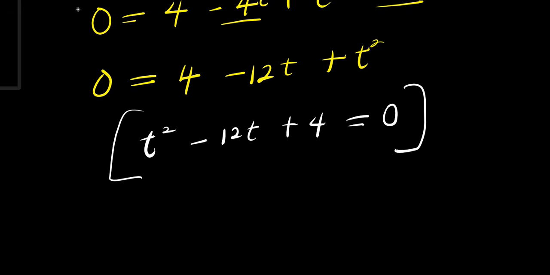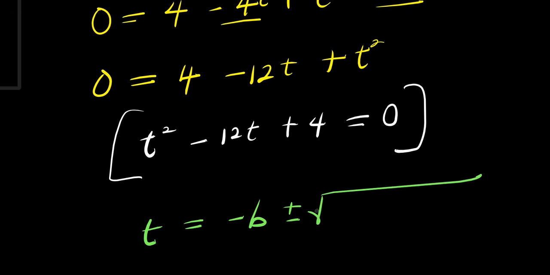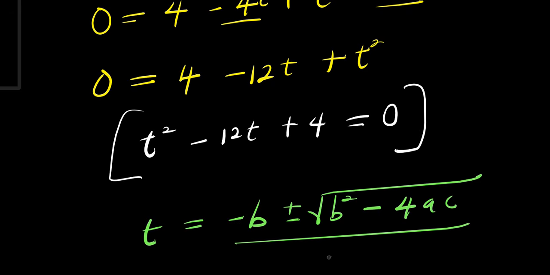In order to solve this, we can make use of the formula method. So we are going to write the formula in respect to t. We are going to have t equals negative b plus or minus square root of b squared minus 4 times ac, divided by 2 times a.